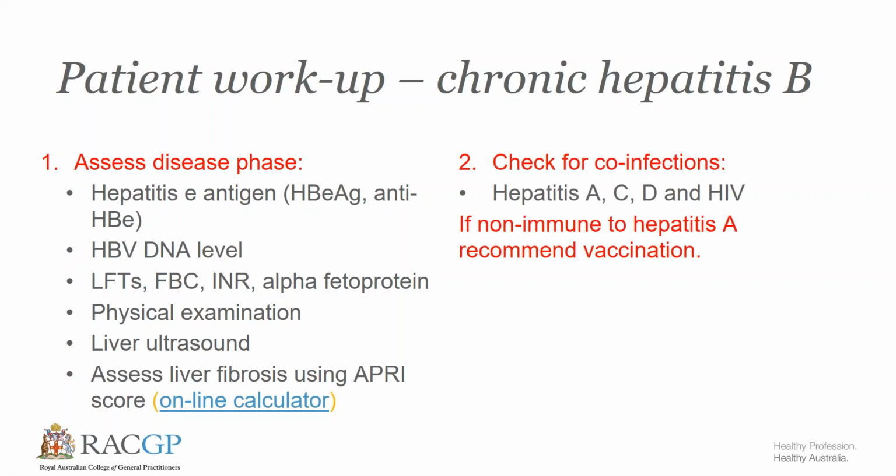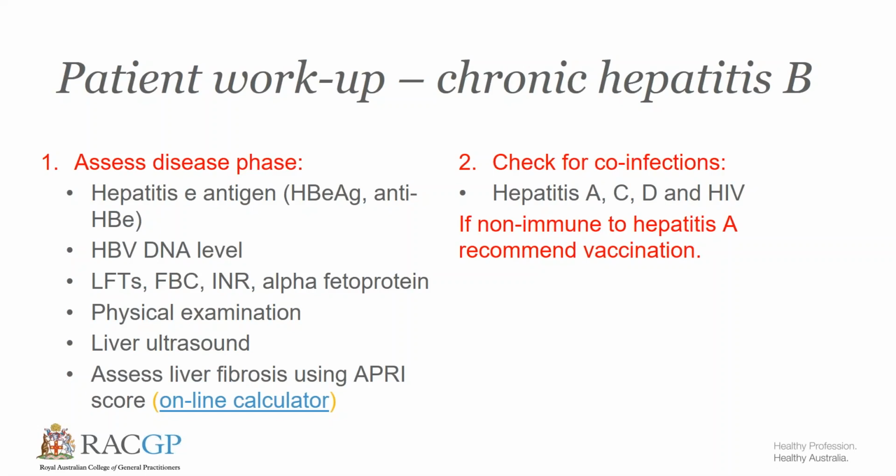The next thing you need to check is if he has any co-infections. So it's really important to check for hepatitis A, C, D, and HIV. Now, hepatitis C, D, and HIV may have been acquired by the same route, but it's also important to know if he has a co-infection with any of these viruses, because that can lead to more severe outcomes.